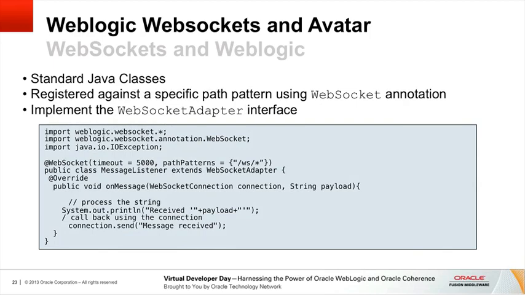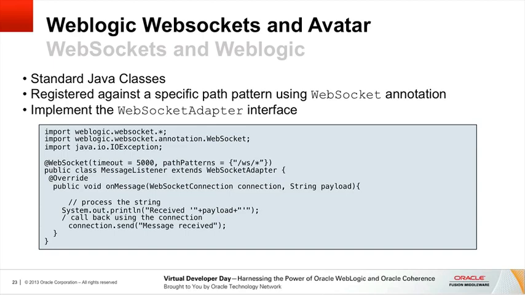In WebLogic, now with WebLogic 12.1.2, you can actually implement WebSockets using standard Java classes. In particular, you use a special WebSocket annotation and implement the WebSocket adapter interface. Here's a sample block of code where we've annotated the message listener class with a WebSocket that has a timeout of 5000 and a path patterns of /ws.